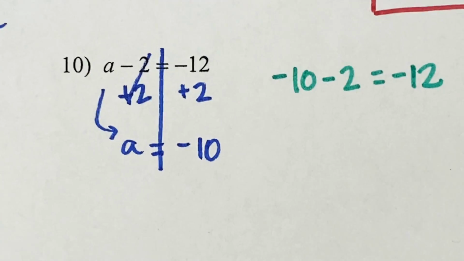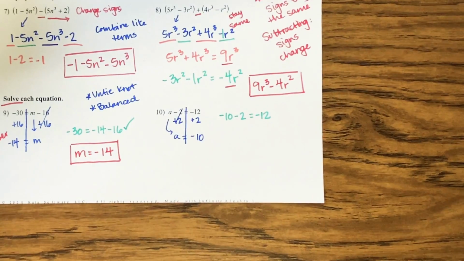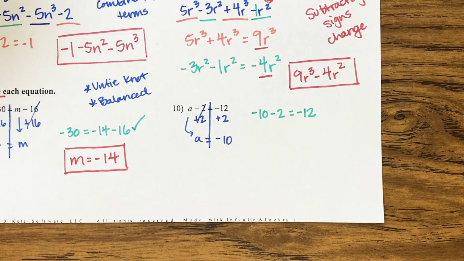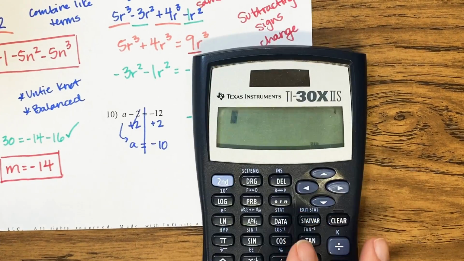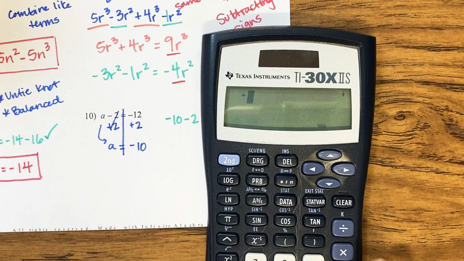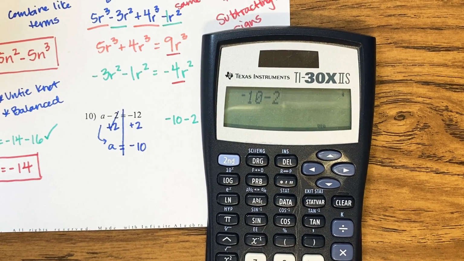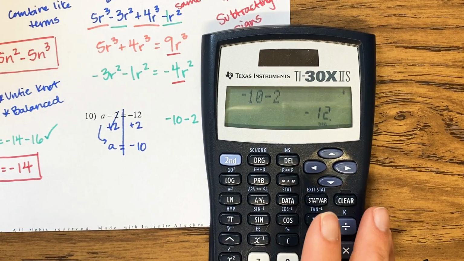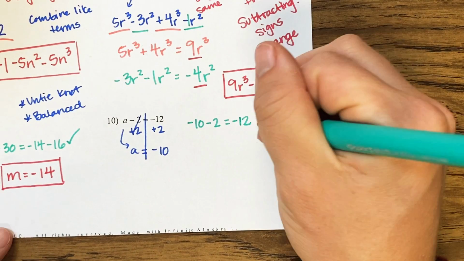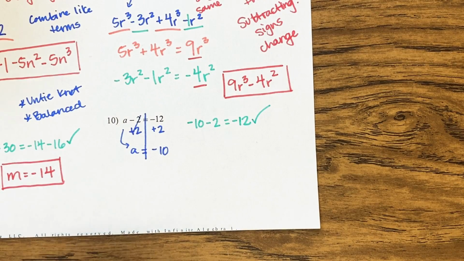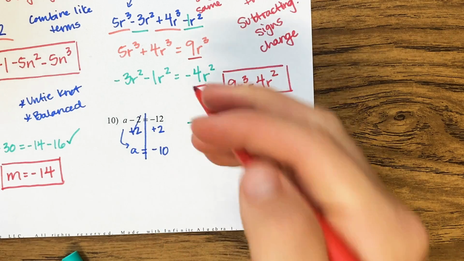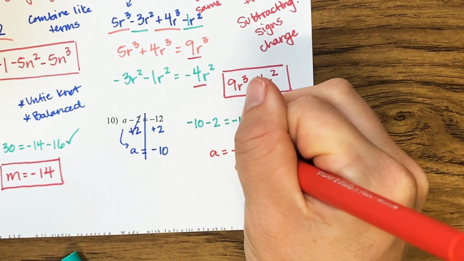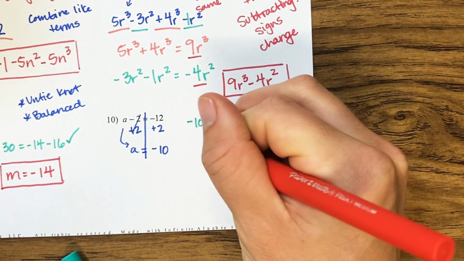Okay, and again, you can always use a calculator to check your work, so we'll go ahead and show you how to do that. So we'd have negative 10 minus 2, and it does in fact give us negative 12, so we got the right answer. Check. So we can box it up. A equals negative 10.